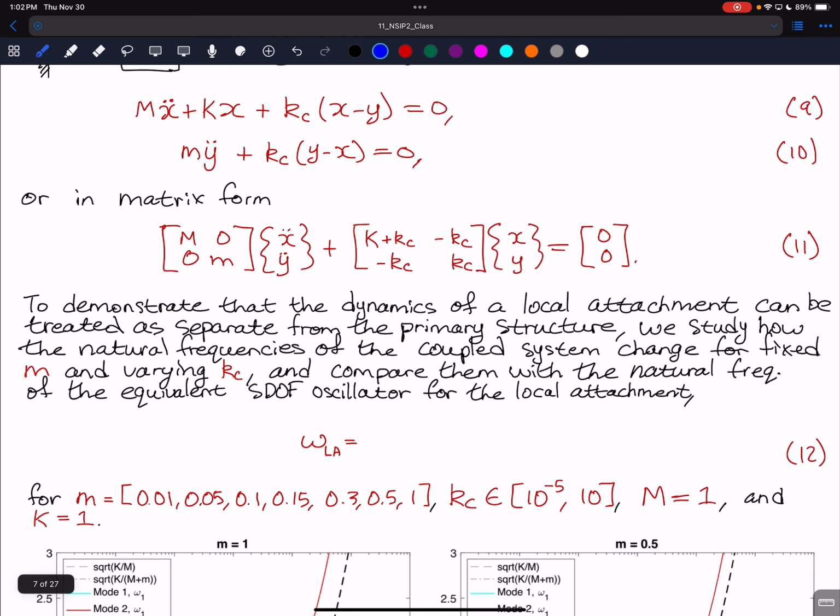And we're going to compare that to the underlying equivalent natural frequency of the local attachment, which is defined as the square root of k sub c over m. So that's the equivalent linear natural frequency of that local attachment if it were its own oscillator grounded. And we're going to compare that to the natural frequencies of the coupled structure.